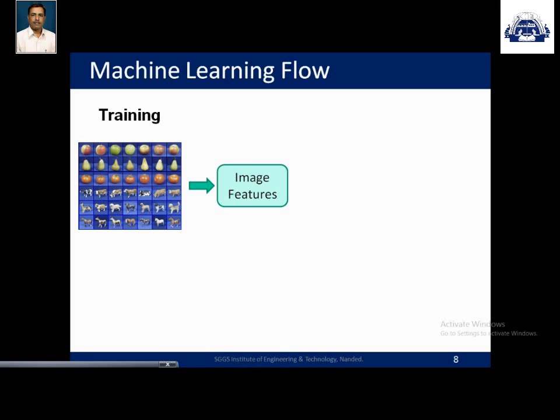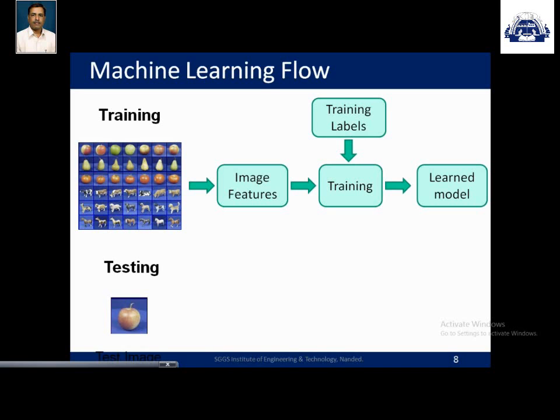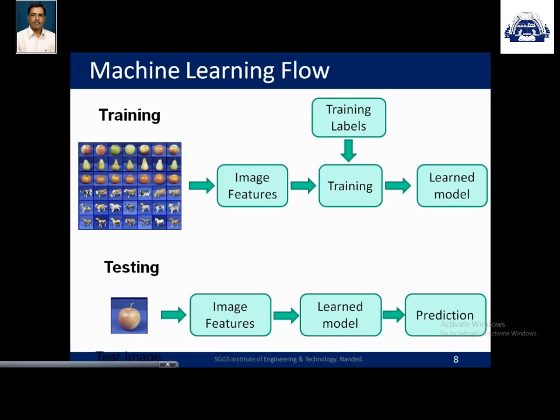The traditional machine learning flow consists of two steps: training and testing. In training, there are three ingredients.